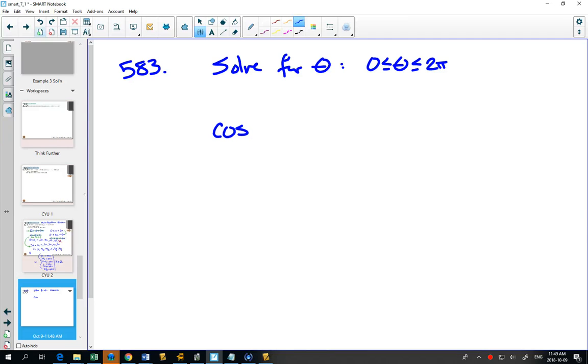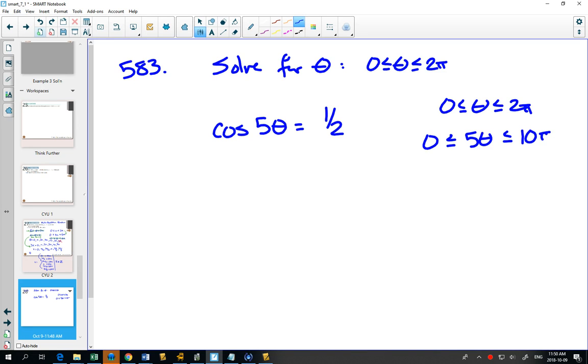Well, 1 is not a multi-revolution one. Then it's just a regular question. We could do cos 5 theta. Ooh, nice. Cos 5 theta equals a half. So if theta is between 0 and 2 pi, then 5 thetas would be between 0 and 10 pi. 5 thetas is like going around your circle 5 times.